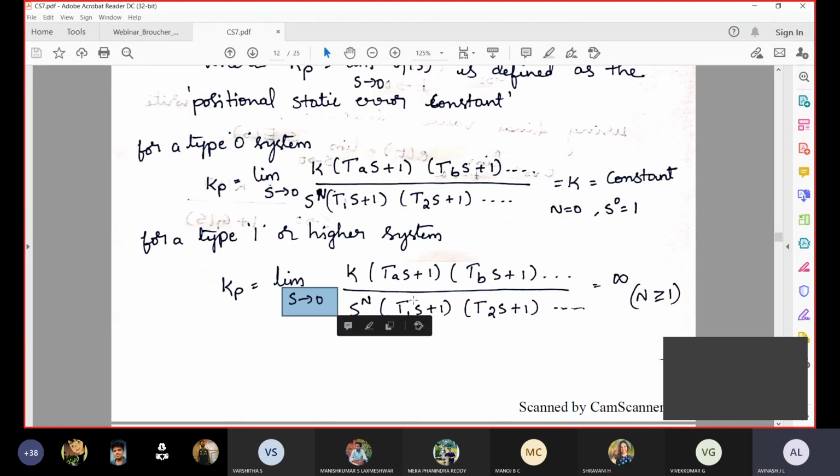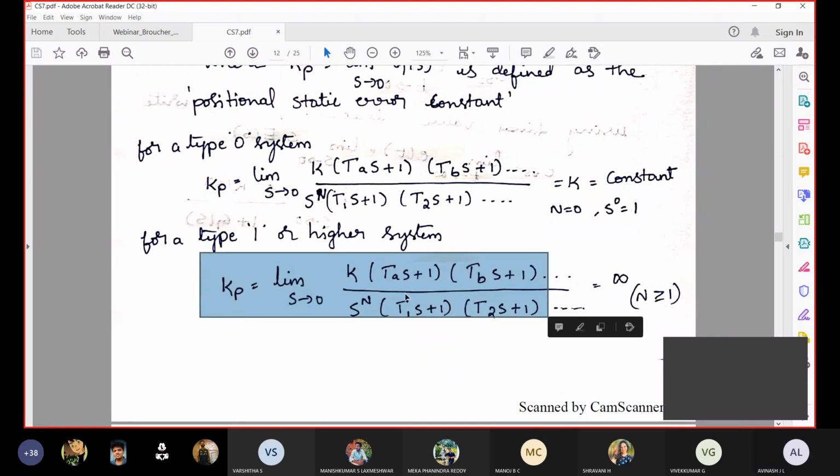When you put s equal to 0 in this equation, obviously K into 1 divided by s into 0, that is K by 0. So what is the value? Anything by 0 is equal to what? Infinity. We are going to get the infinity value.